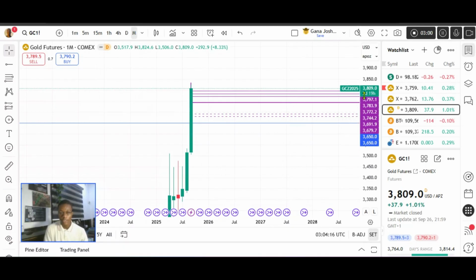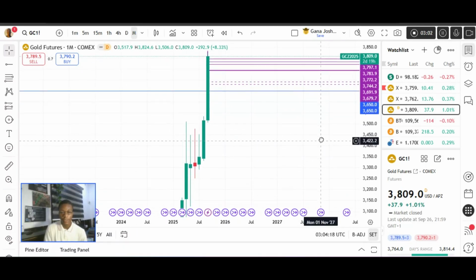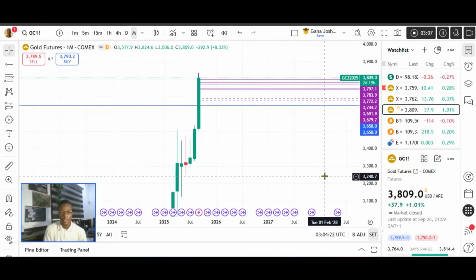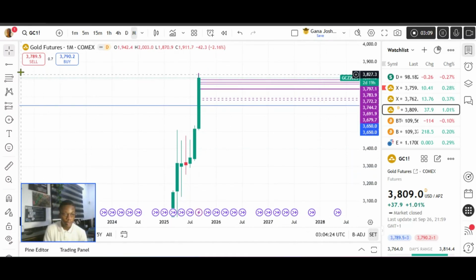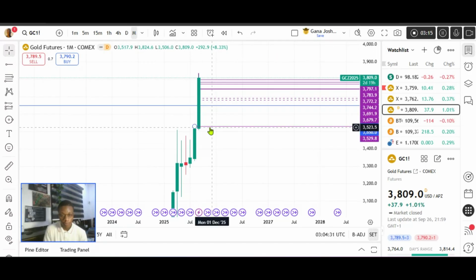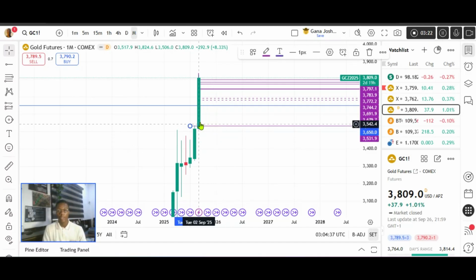This month ends in 2 days. And this was the previous high the market reached. This is where the month started last month.